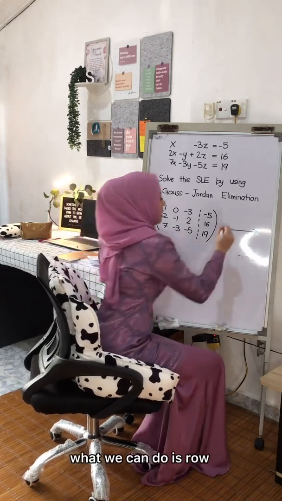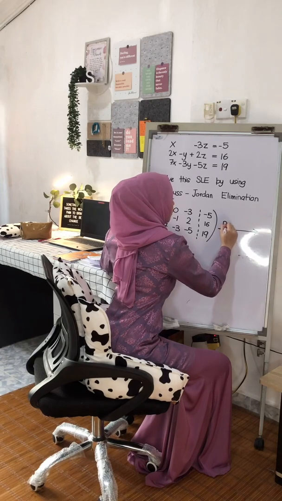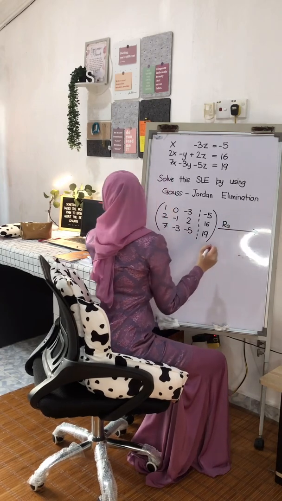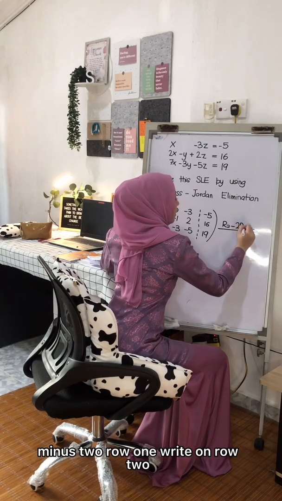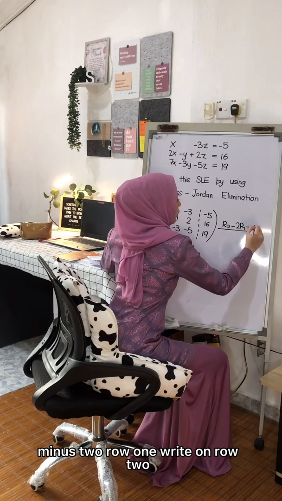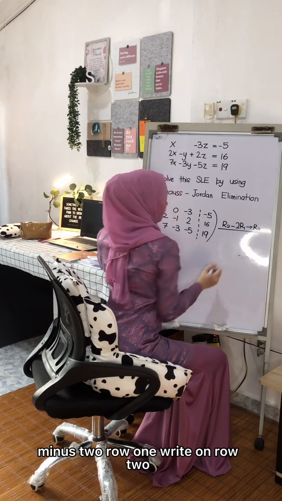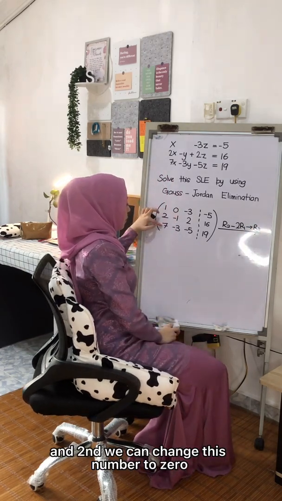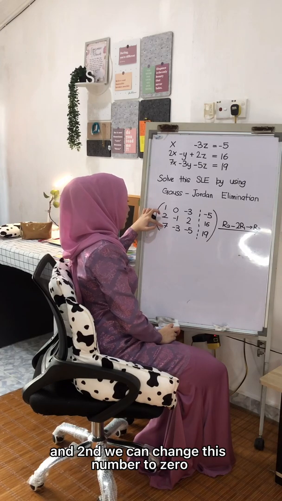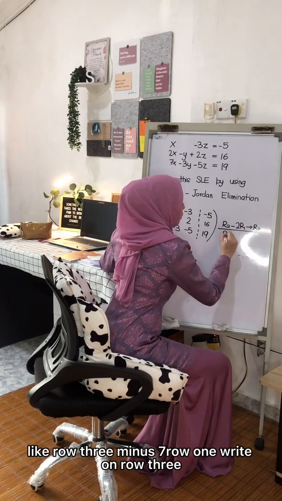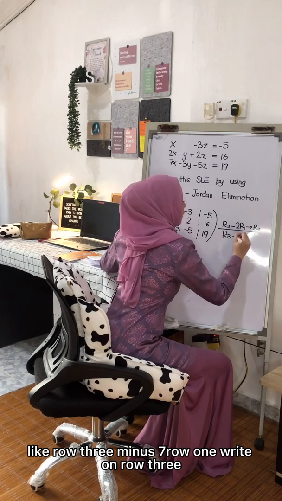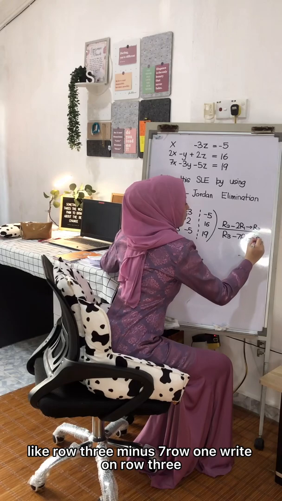What we can do is row 2 minus 2 row 1, write on row 2. And second, we can change this number to 0 like row 3 minus 7 row 1, write on row 3.